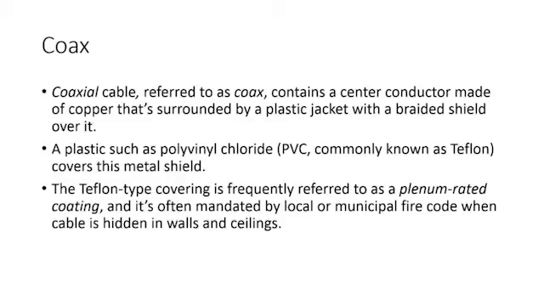Now the first one, let's talk about coax, or coaxial cable. This contains a center conductor made of copper that's surrounded by a plastic jacket with a braided shield over it. And you've probably seen these. This coax cable has been around for many, many years.